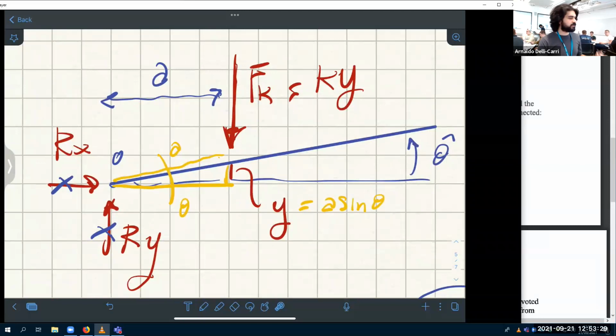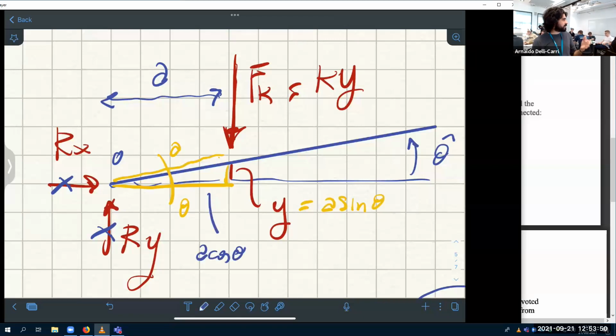The hypotenuse is A. The fact is, the movement is so tiny that the hypotenuse A is also the edge. Imagine this. This is why we can do this approximation, because the angle is tiny. So this one here would be A cosine of theta.